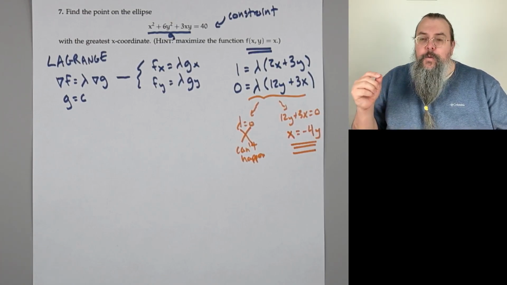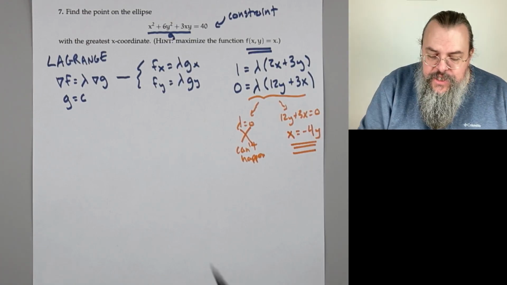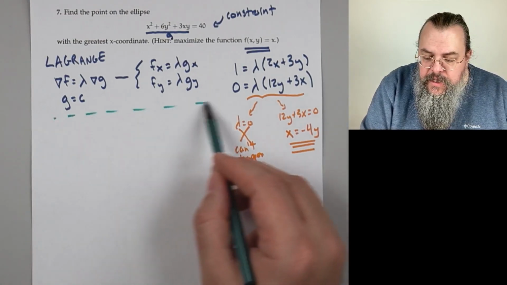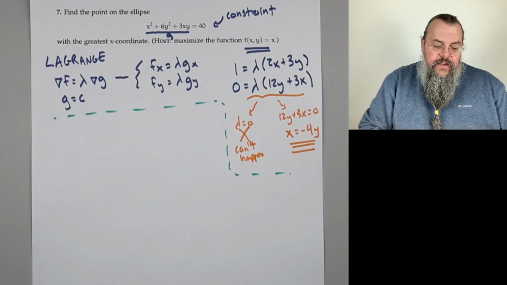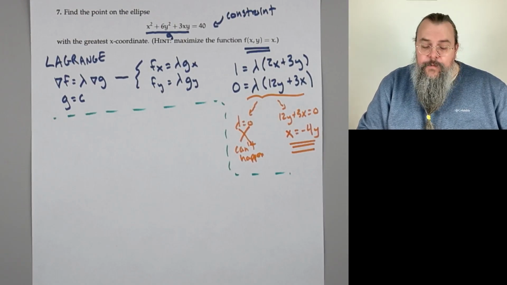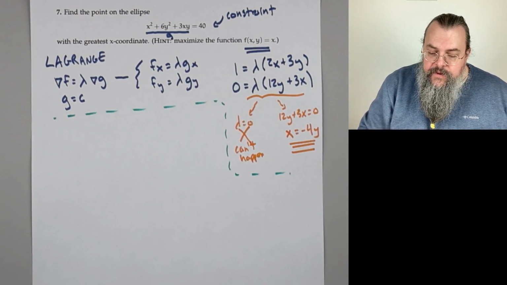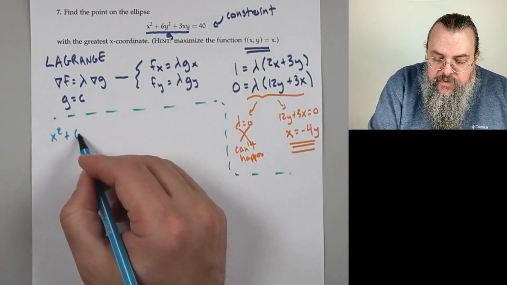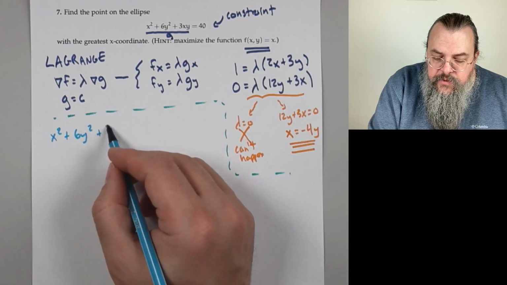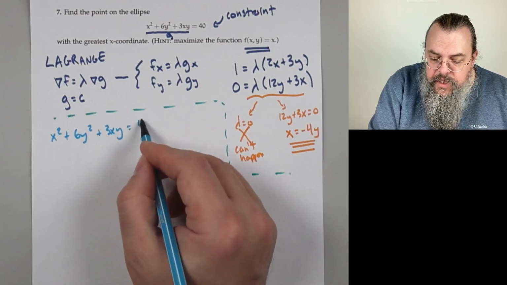Now, once we have that relationship, we come in and we plug that into our constraint. And so we say, okay, where are we at? Well, we have that x squared plus 6y squared plus 3xy should equal 40.